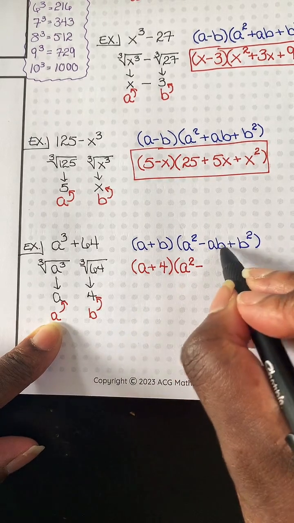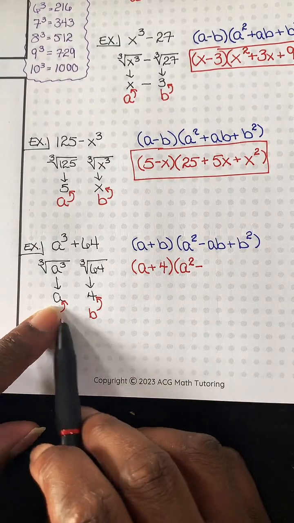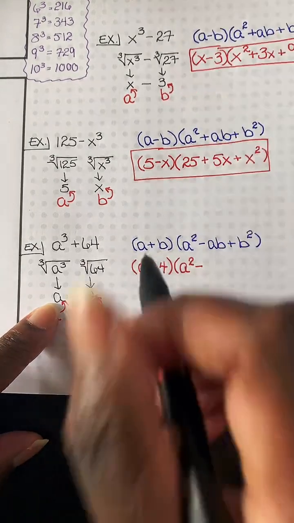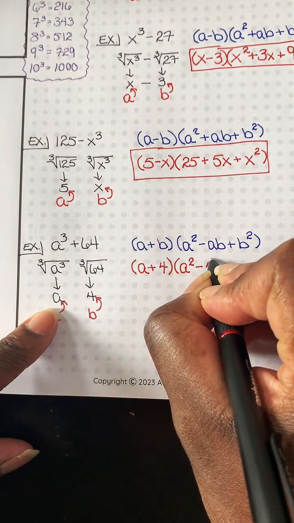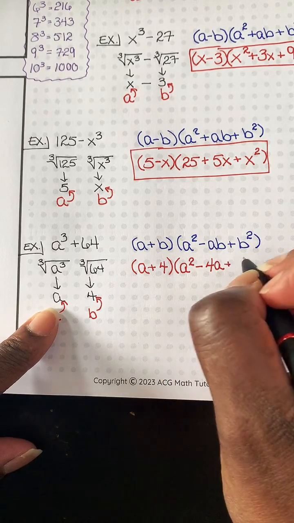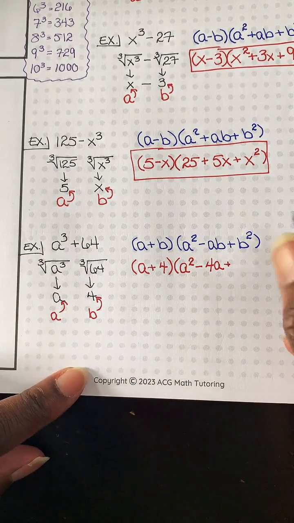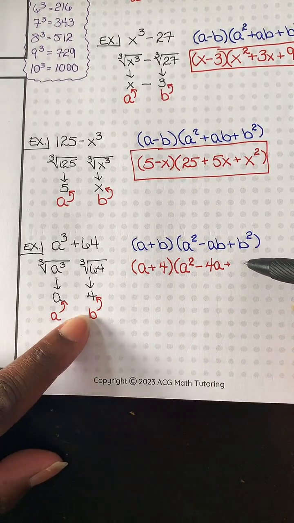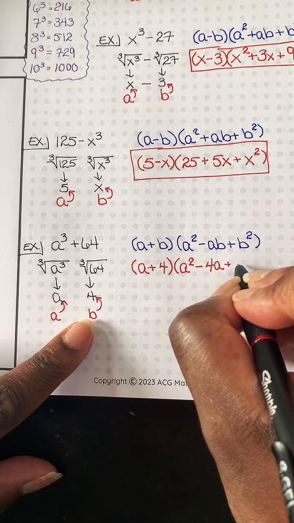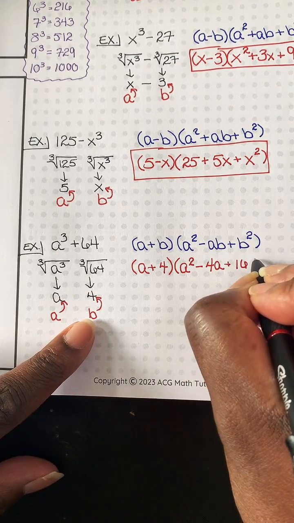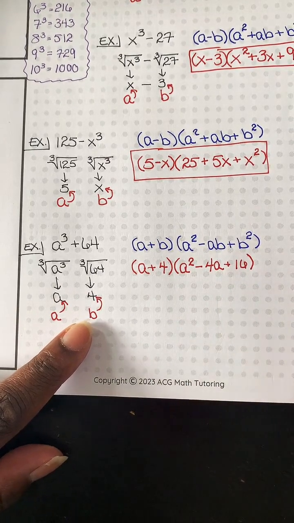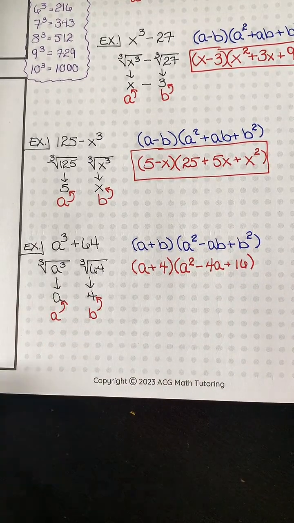Minus my A times B. Well, my A is A, my B is 4, so what's 4 times A? That gives me 4A. Then my B squared, so my B is 4, so 4 squared gives us 16.